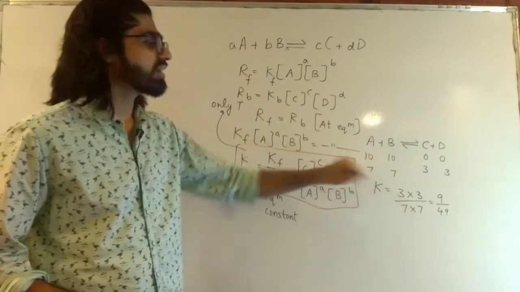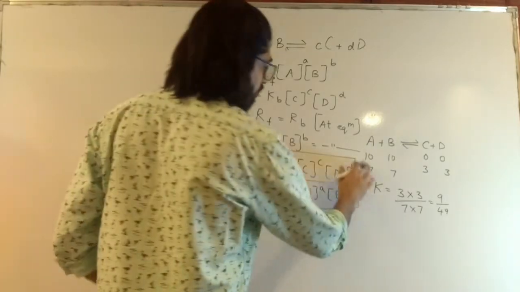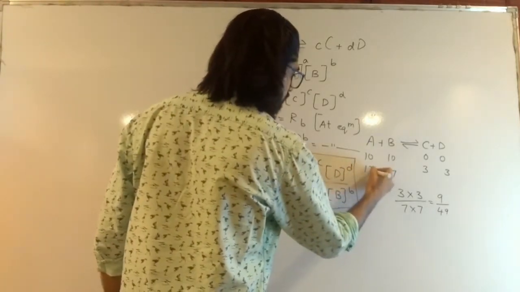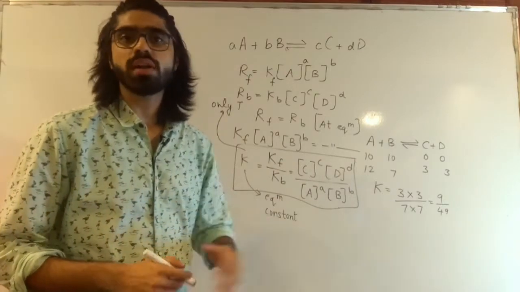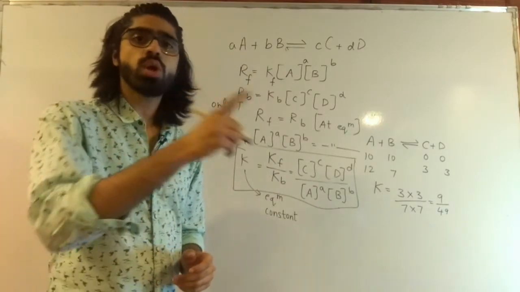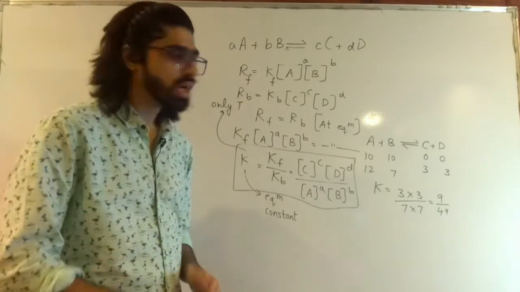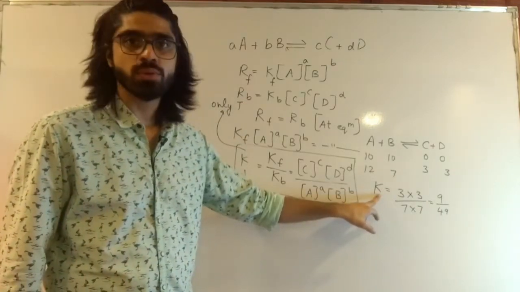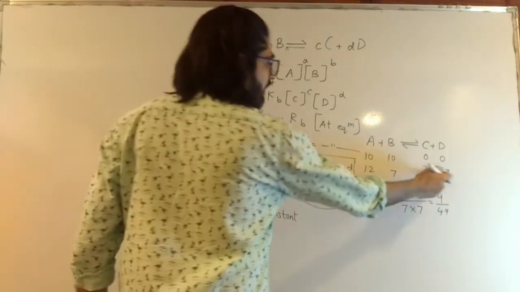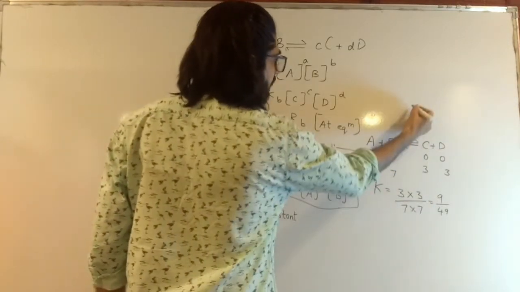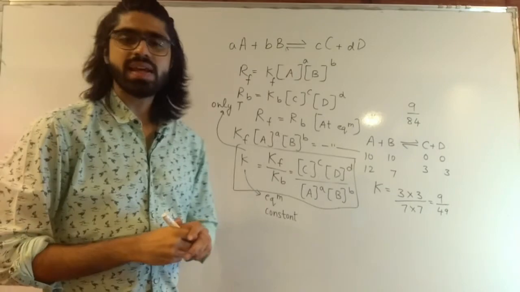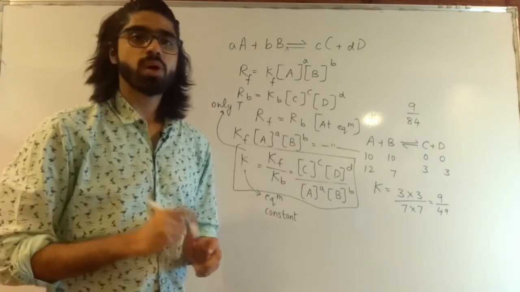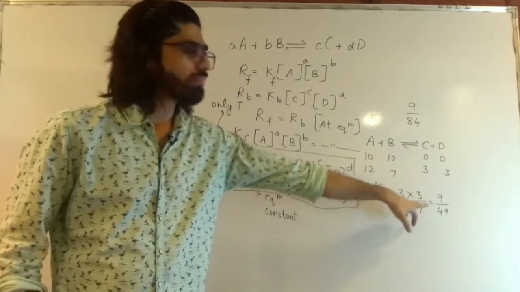So now instead of 7 moles of A, I get 12 moles of A. Now the system will no longer remain at equilibrium, because if you evaluate the K value, it will now become 3 into 3 upon 12 into 7, that is 9 upon 84. The reaction will not allow this to happen because the K value for the reaction is 9 by 49.